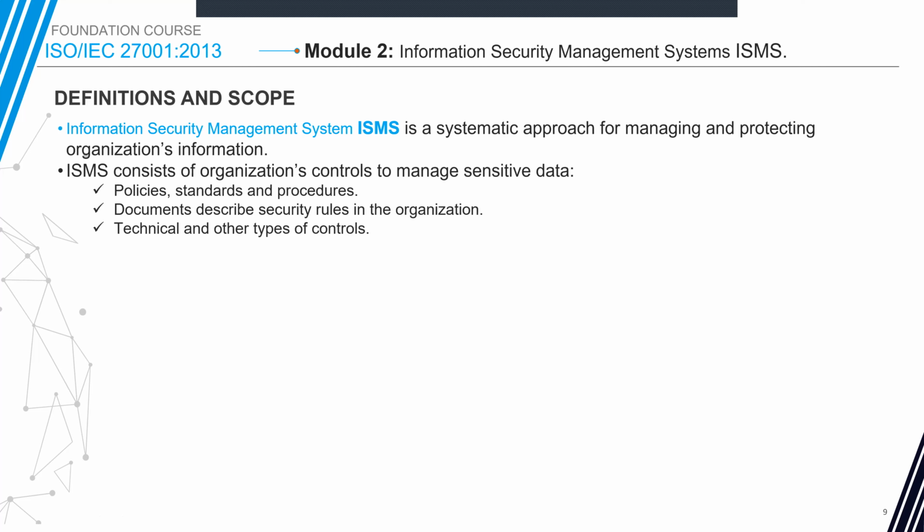When we say control, control means a way to protect against a risk or against any attack. Do you think that we have only technical controls, like a firewall, like IPS, like VPN, and so on? Or do we have other types of controls as well? What do you think?